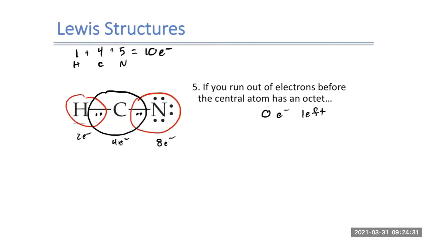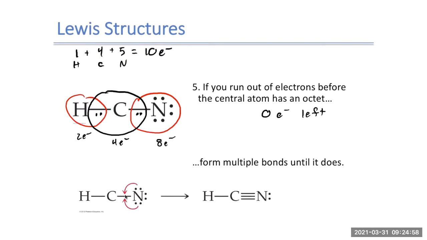Carbon doesn't have its octet, but I don't have any other electrons left to use. The only way to fix this is if nitrogen becomes nice enough and shares extra electrons with the carbon. If nitrogen shares extra electrons, we can form what we call a multiple bond.